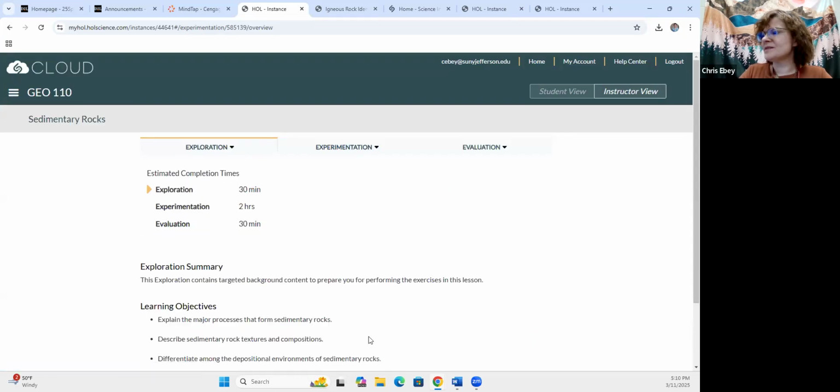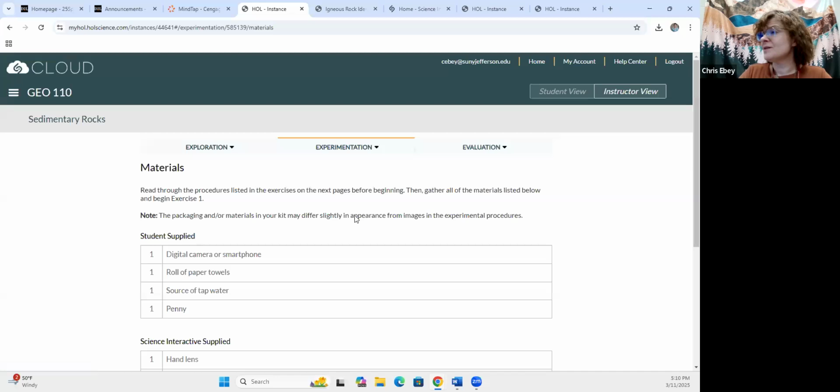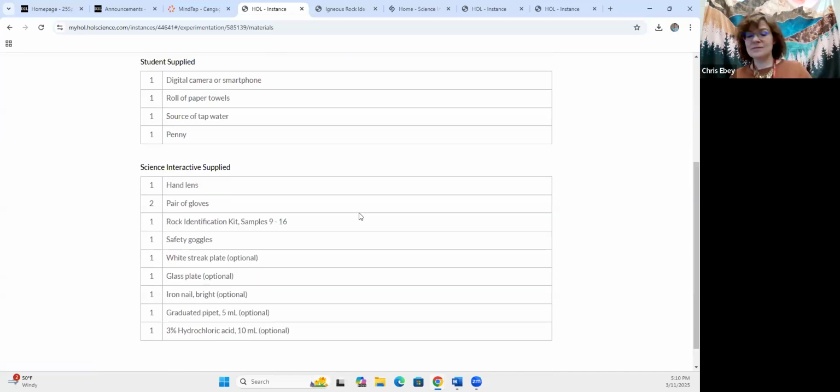Let's do this one. Same setup, exploration, experimentation is going to be really similar. So we're going to use a lot of the same kits, but you're going to use your mineral identification kit this time. Particularly what you're going to need, or my mineral identification kit. Is that in the little box? Where did I put that darn thing?